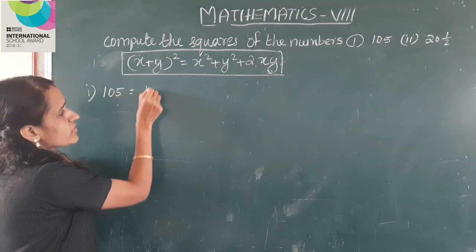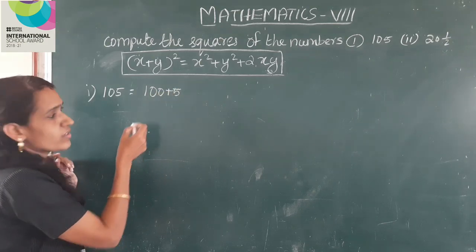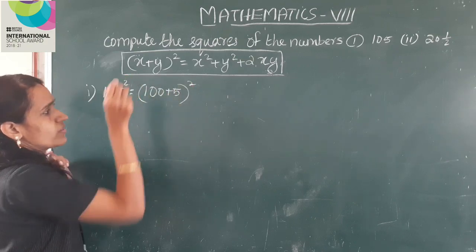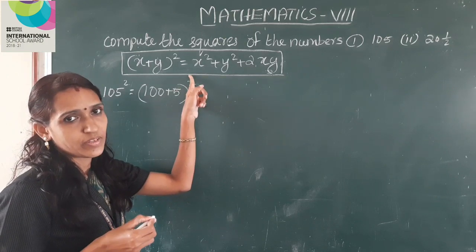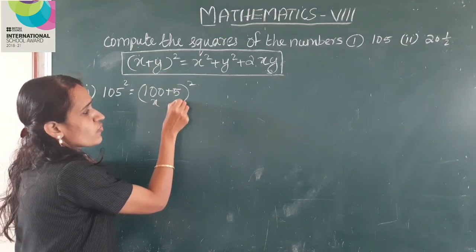This can be written as 100 plus 5, its square, 100 plus 5 whole square. Here x is 100, y is 5.